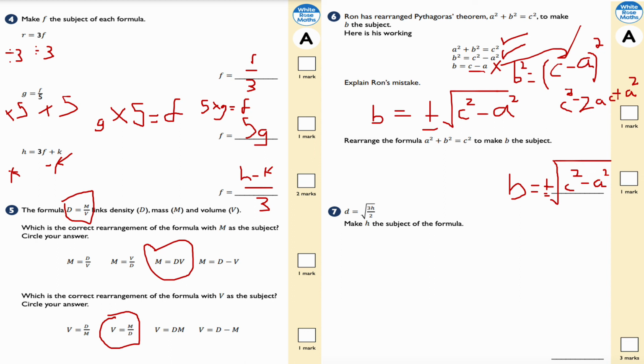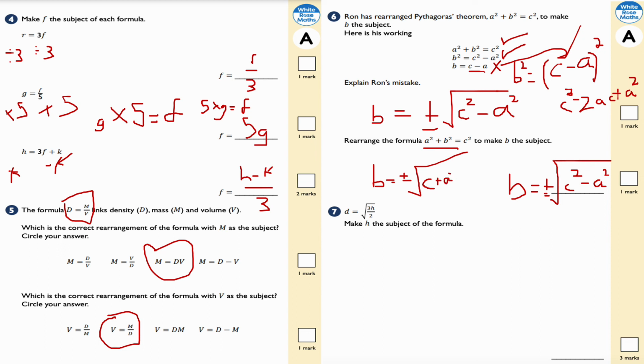But for the purpose of rearranging a formula, you would still stick the minus sign at the front, because if I square a negative I get a positive, and if I square a positive I get a positive. So it will still give me the same answer if I square it. But I can rewrite it as well, if you're interested, as plus or minus the square root of c plus a times c minus a, because that's the difference of two squares inside the bracket.